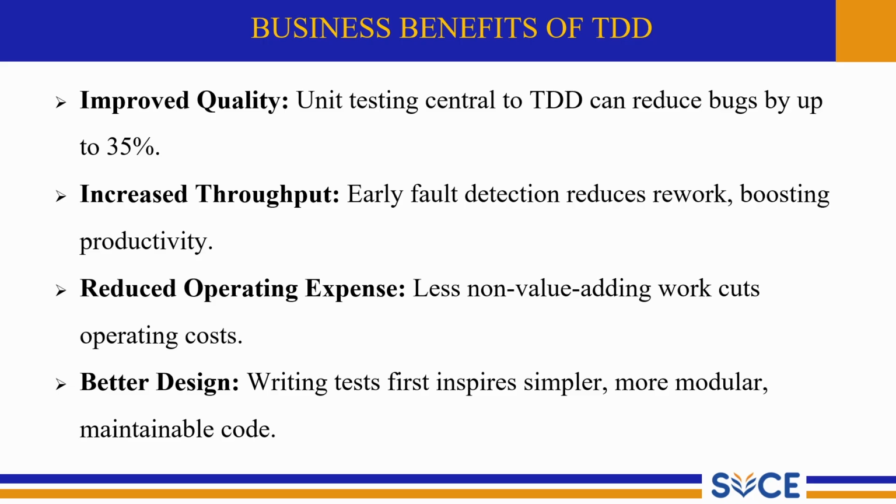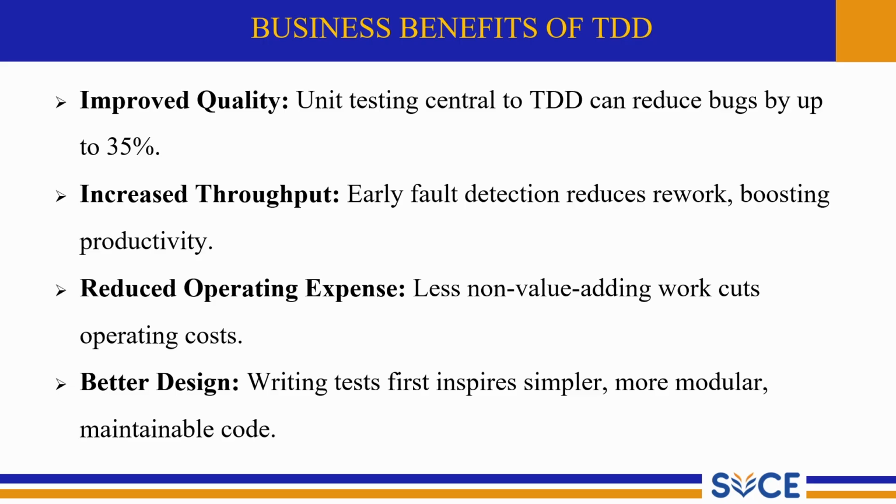Since unit tests are central to it, defects are caught early. Studies show it can reduce bugs by up to 35%, which leads to more reliable software and fewer customer complaints.